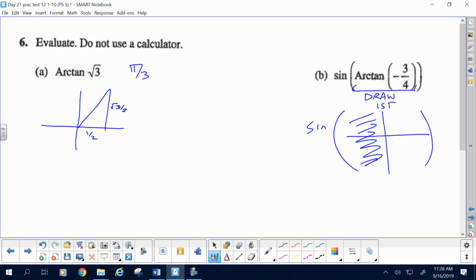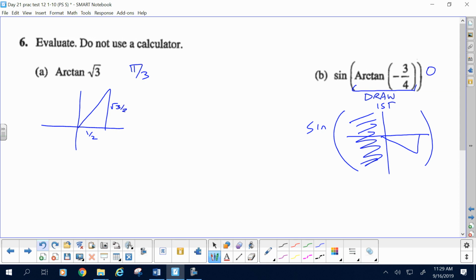Okay, so don't go in the lava zone. Is it first or fourth for this problem? Fourth, because it's negative. Do I draw a triangle with the y-axis? No, you never draw with the y-axis, it's always with the x-axis. Okay, what are the sides, negative 3 and 4, where are they?